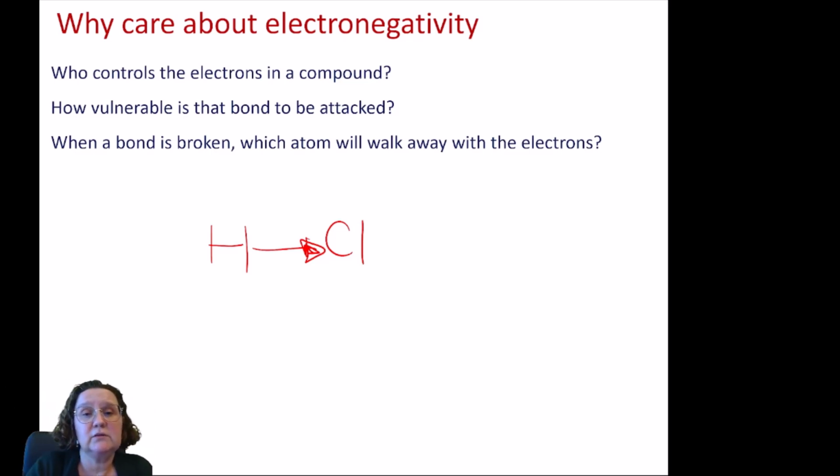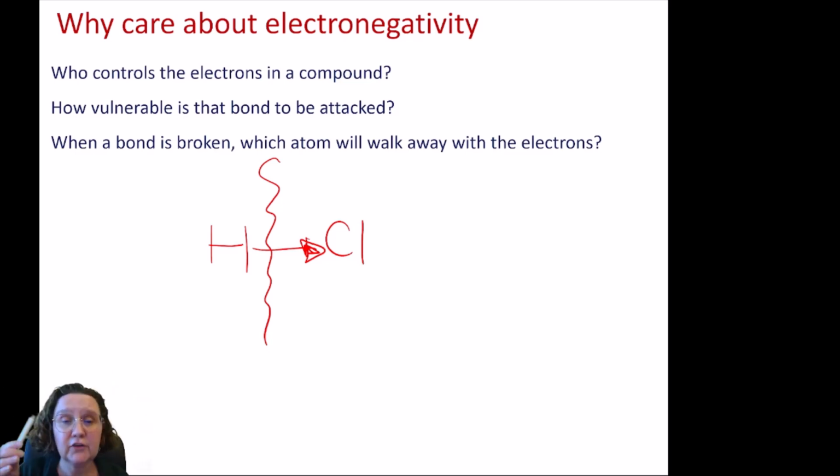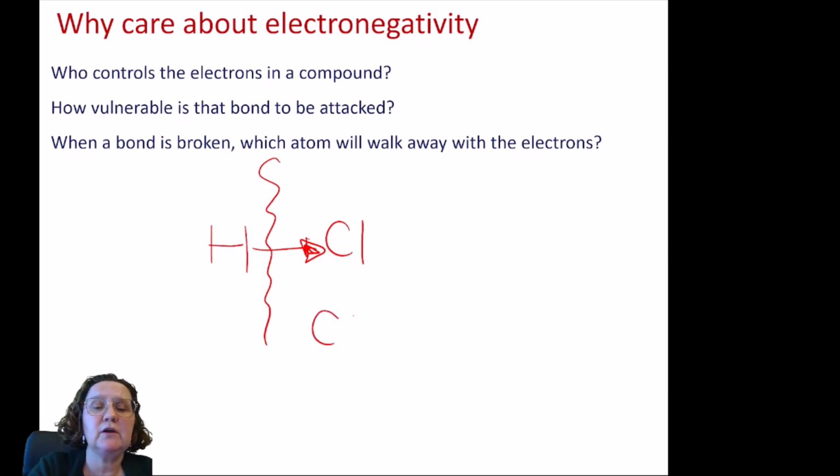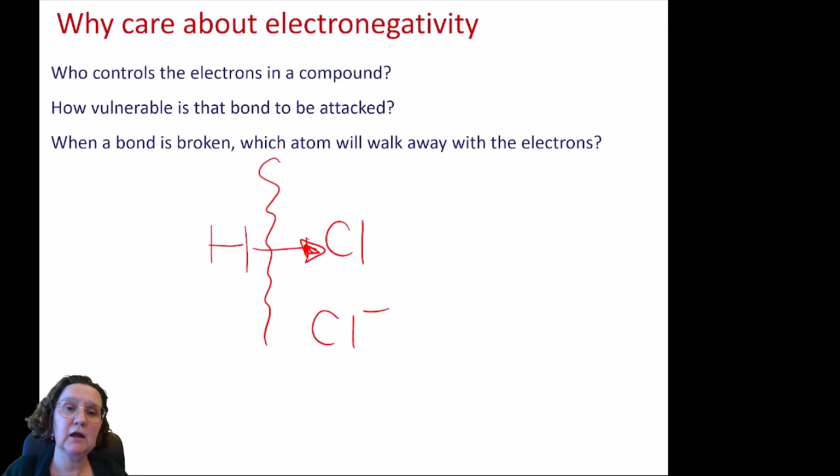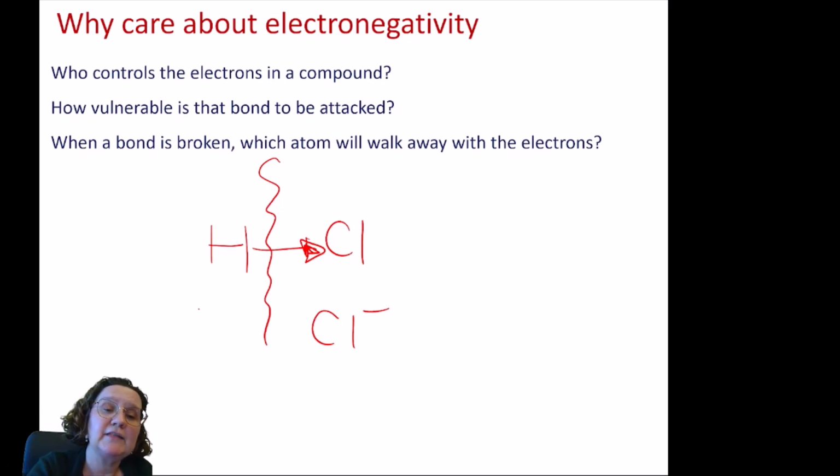And when the bond breaks, it's okay while they are together, it's fine. One controls the electrons more than the other, so be it. But the point is that when that bond is broken, the one that is going to walk away with electrons will be the chlorine, with its own electron and the one it has taken away from the hydrogen, and the hydrogen will be left without that electron.